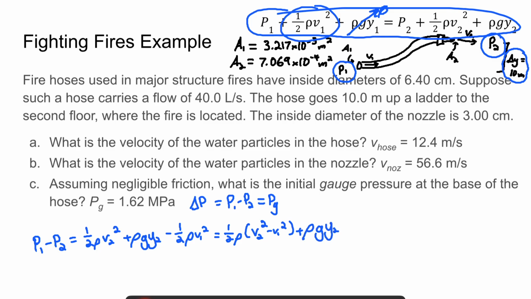And that will again find us the difference in pressure, otherwise known as our gauge pressure, since that's the pressure of the water inside the hose without the external pressure, or P2.